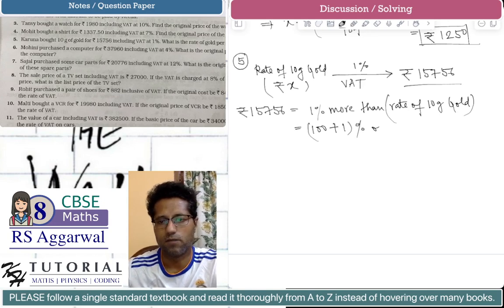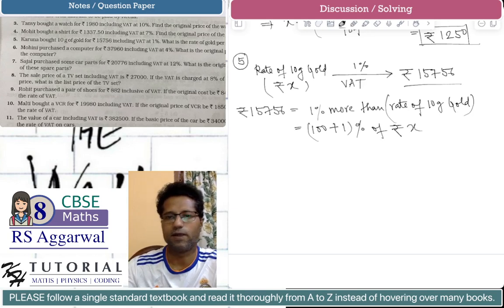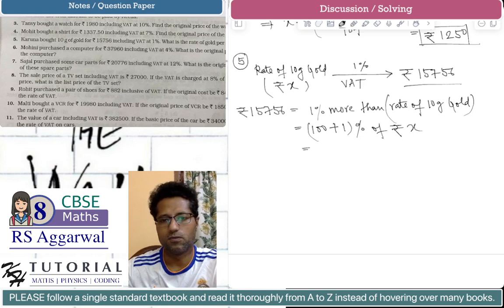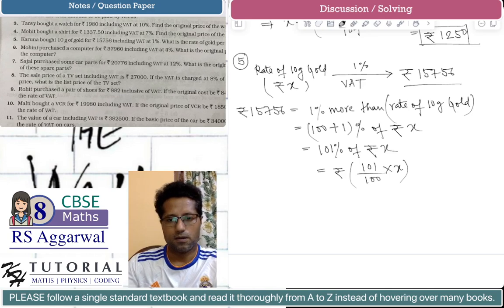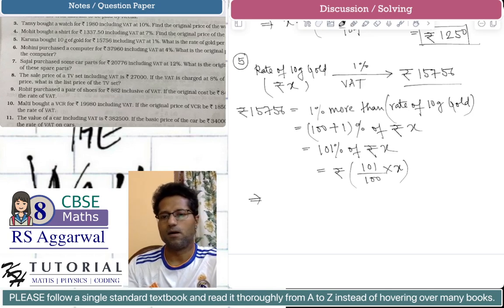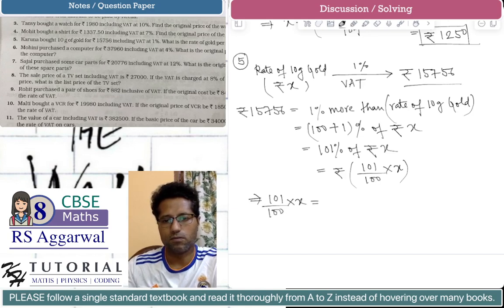This percent of the rate of 10 gram of gold we have assumed to be rupees X, and we have to find the X. So this is equal to 101% of rupees X. This is equal to rupees 101 divided by 100 multiplied by X. So now we can say from the equation that 101 divided by 100 multiplied by X is equal to 15,756.